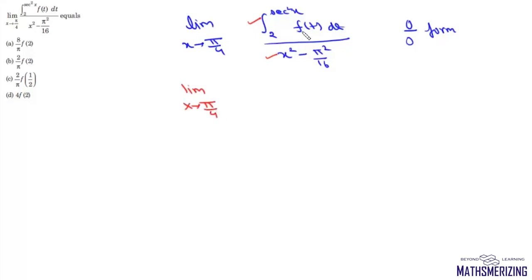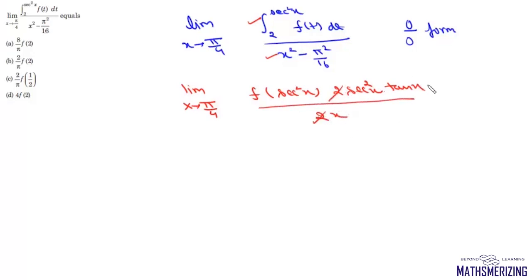Now here we'll use Leibniz integral formula. So it'll be f of secant square x into 2 secant x into secant x tan x. So it'll be 2 secant square x into tan x upon 2x. Now we can cancel this 2 with 2.